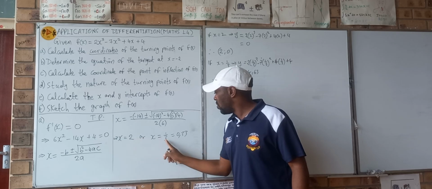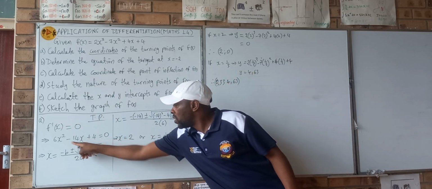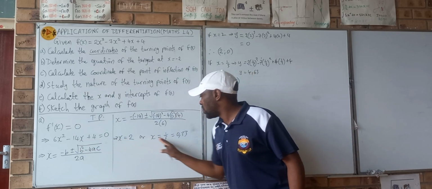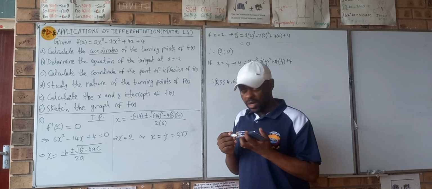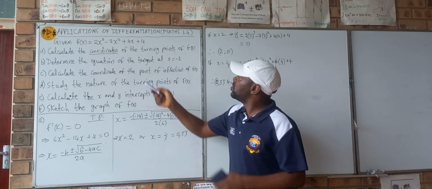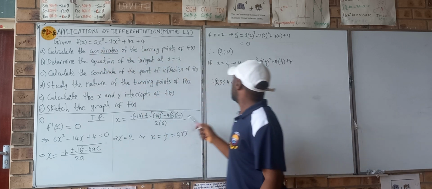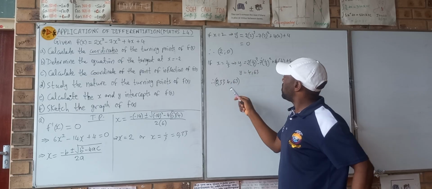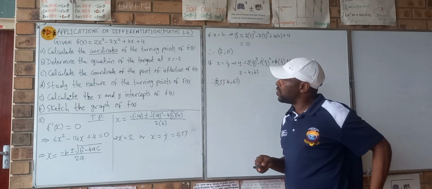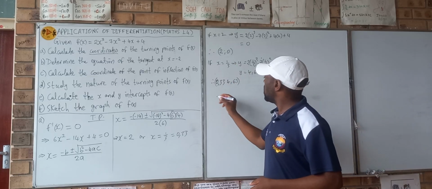Here we got our x values by equating the first derivative to 0, we solved our quadratic, then we substituted each x value into the original equation to get the corresponding y value. So these are my turning points. So I think the A part we are done.